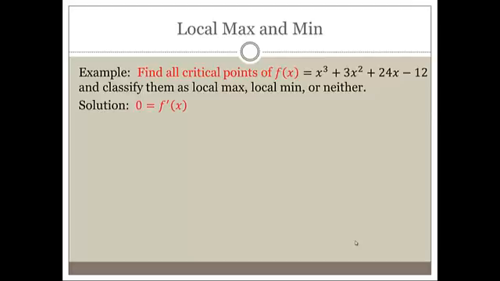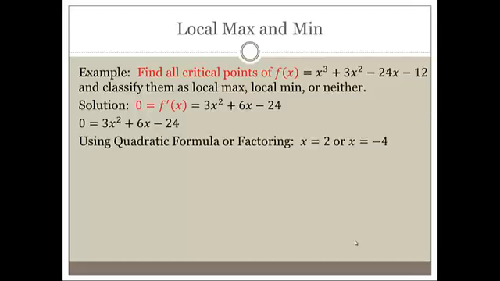Computing the derivative of this function, we get 3x squared plus 6x minus 24. So we need to solve the equation 0 equals 3x squared plus 6x minus 24. We can either solve this using the quadratic formula or factoring.